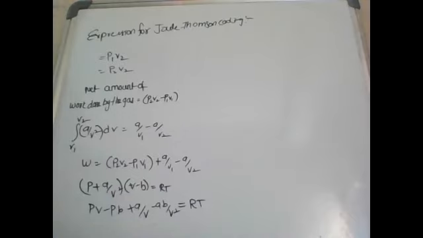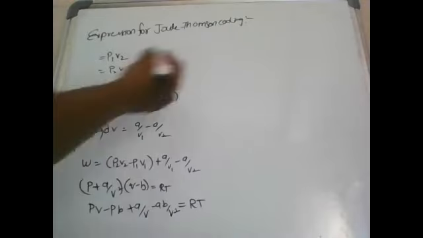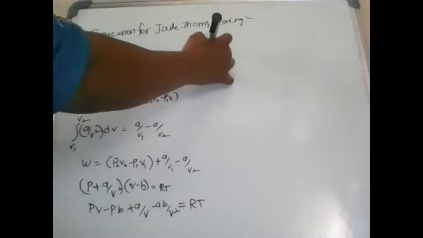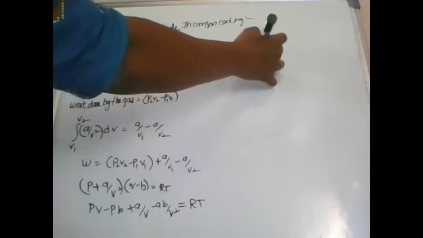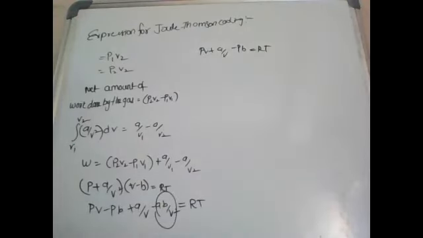As A and B are small quantities, AB by V square can be neglected. Then we get PV plus A by V minus PB equals RT.